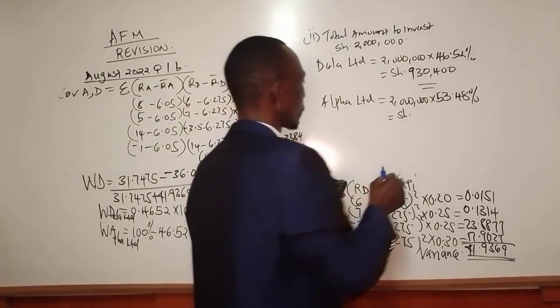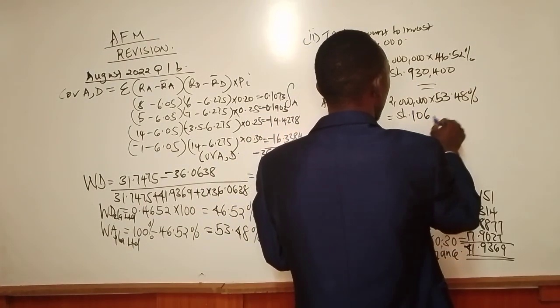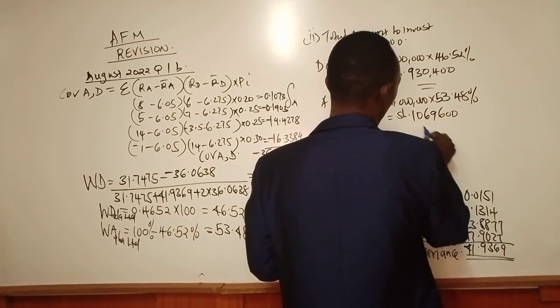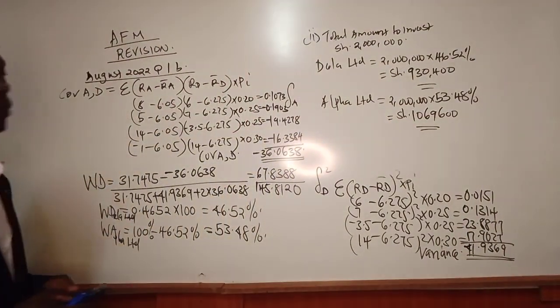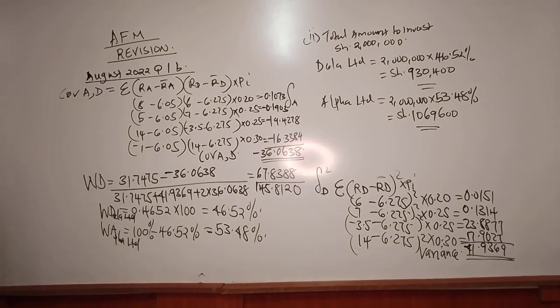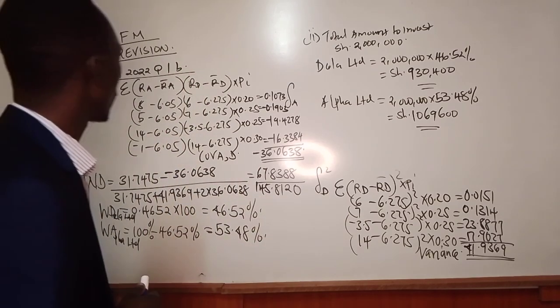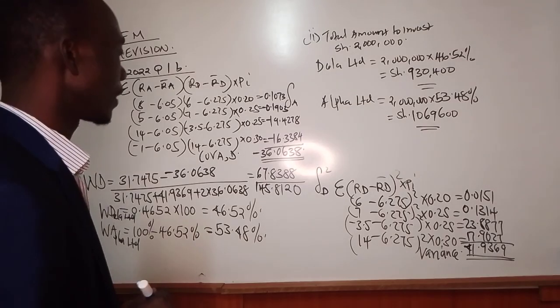So you will get 1,069,600 shillings. So that is the amount. That is what the examiner required in this question of portfolio theory and analysis.